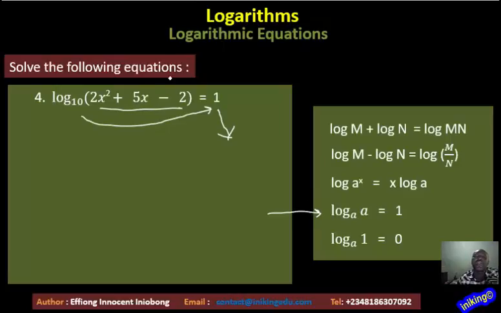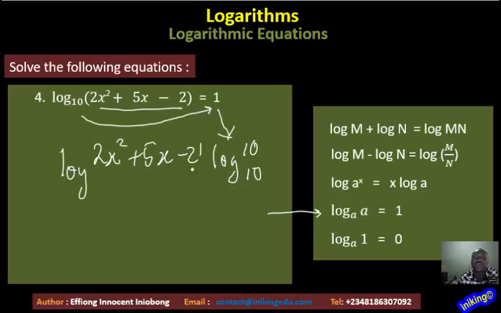Since the left hand side is expressed in base 10, I can simply write my 1 as the logarithm of 10 to base 10. Which means the log of 2x squared plus 5x minus 2 to base 10 is the same thing as log of 10 to base 10, which is the same thing as 1.